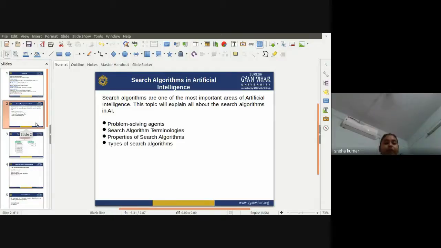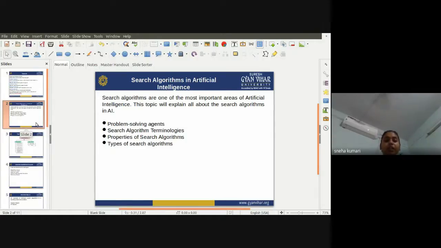So following are the four essential properties of search algorithms to compare the efficiency of these algorithms. What are those essential properties? First one is completeness, second one is optimality, third one is time complexity, and fourth one is space complexity.